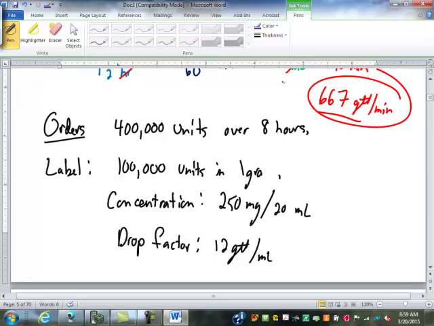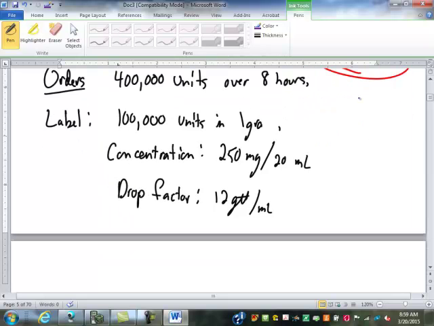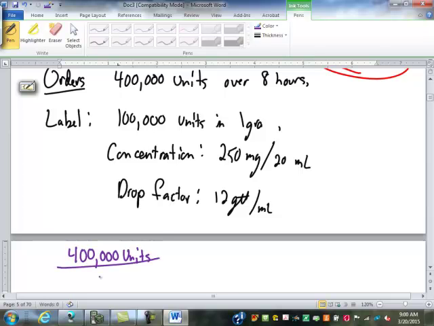There's a lot of information here. If we were using the dosage calculation formula, we'd be picking away at this for a while. But again, with dimensional analysis, this will all work out on its own. We start out with the doctor's orders, which is 400,000 units over 8 hours.